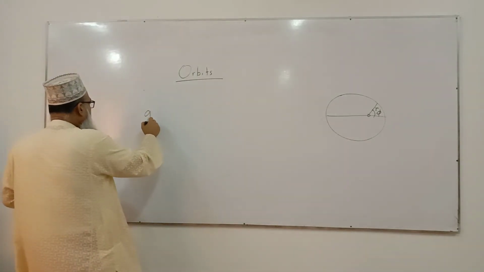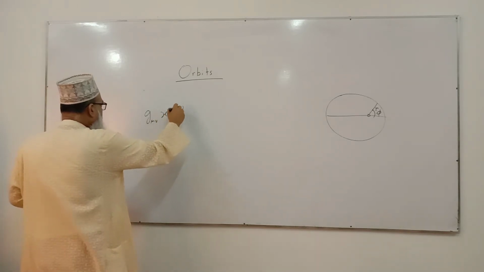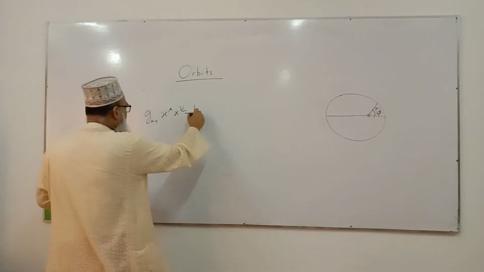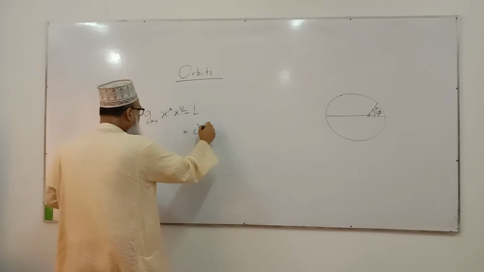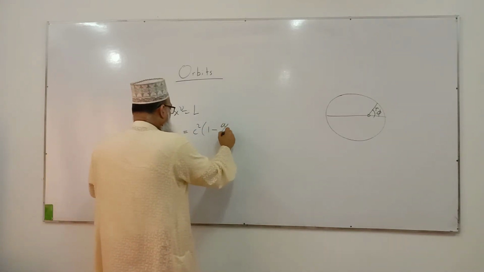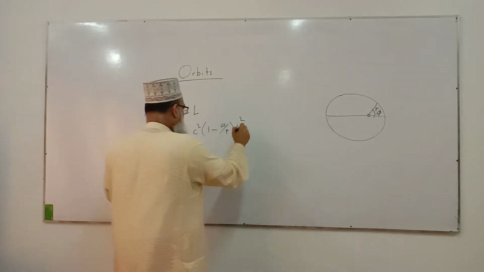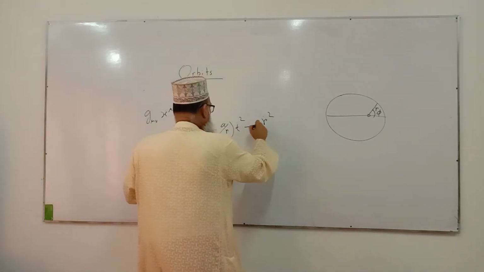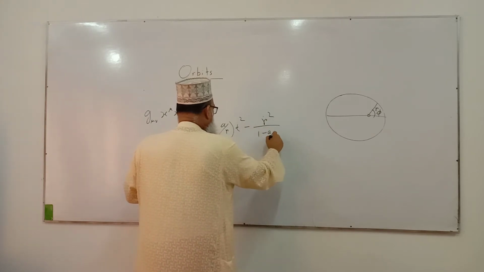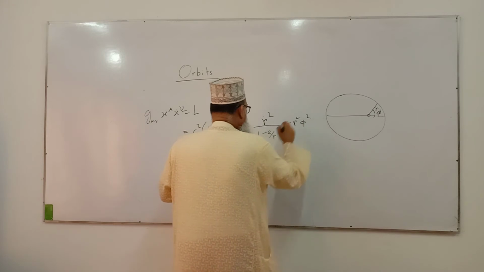g_mu_nu x dot mu x dot nu equals c square, which gives c square equals c square (1 - A/r) t dot square - r dot square/(1 - A/r) - r square theta dot square.